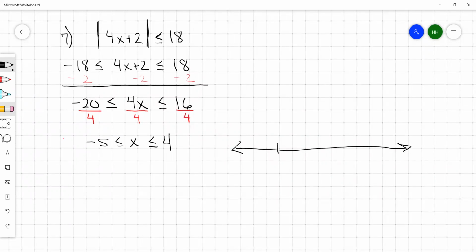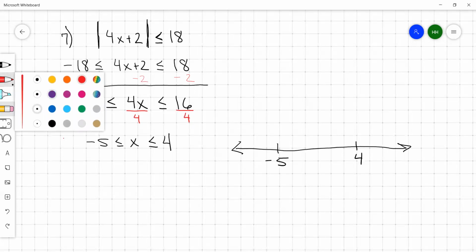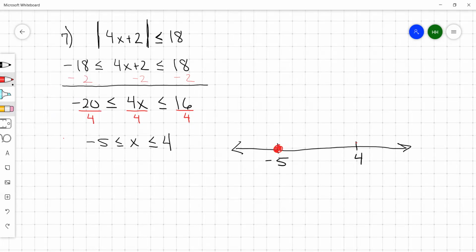So we got our negative 5 on the number line, and we got our 4 on the number line. Your symbols are or equal to, so we're closed on both. All right, and see how your x is in the middle of your two solutions? So you're going to be shading in between the solutions. There's your x less than or equal to 4, and then greater than or equal to the negative 5.